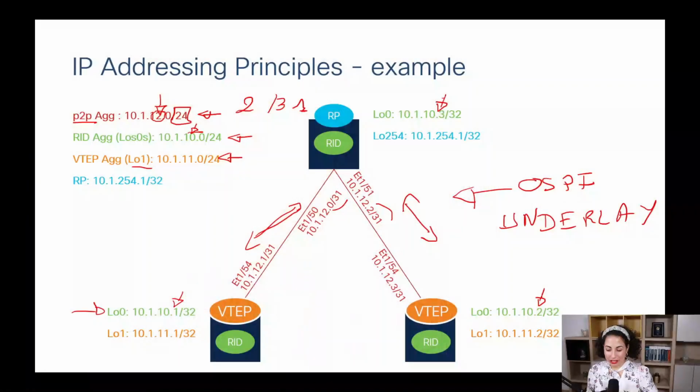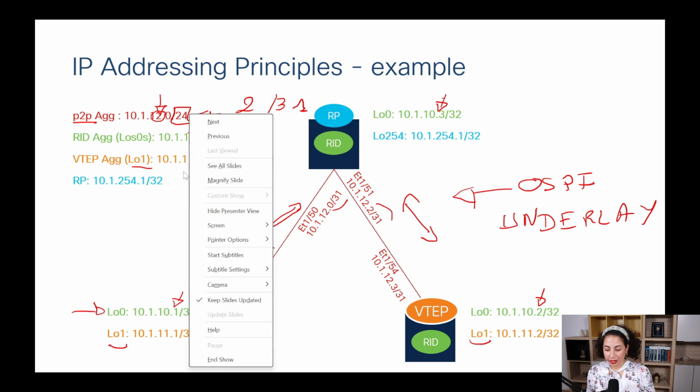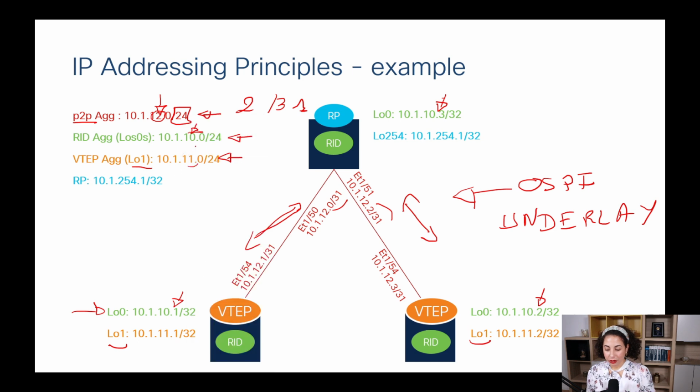It means that each leaf will have a Loopback 1, and the spine will not. Again, same story: I will use this digit to reflect the fact that this is a Loopback 1, so this digit will be set to 1. I will use the .1 for leaf 1 and the .2 for leaf 2.